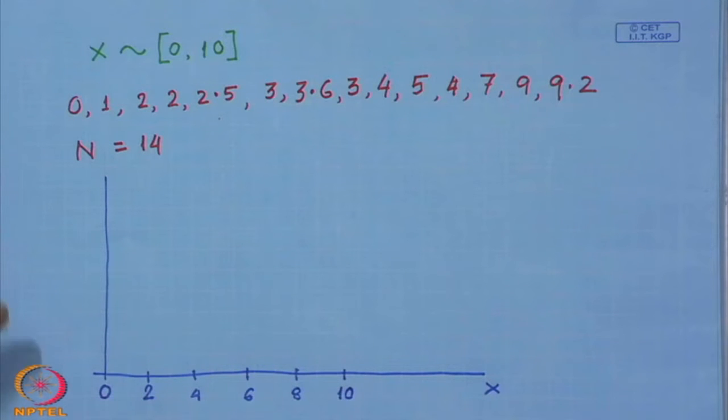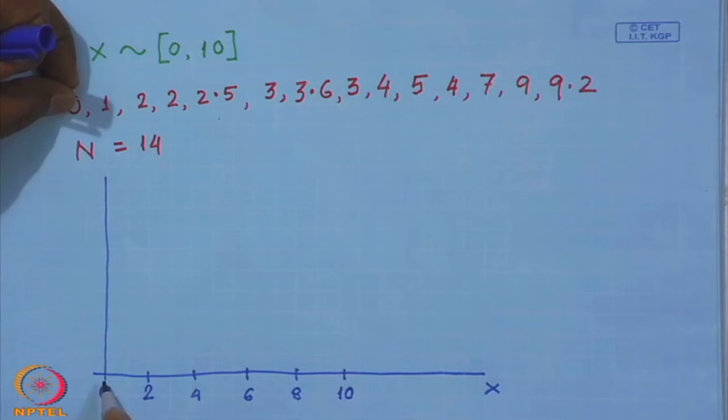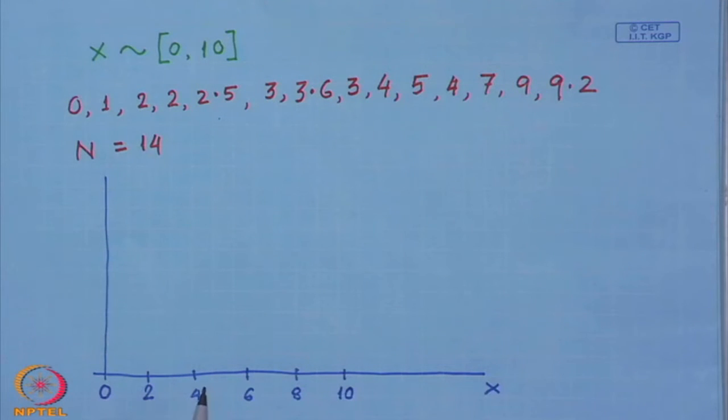Okay. So, you find that 0, which is on the cell boundary, and we have assumed that if a sample falls on the cell boundary, then by convention that particular sample will belong to the cell which is to the right hand side.